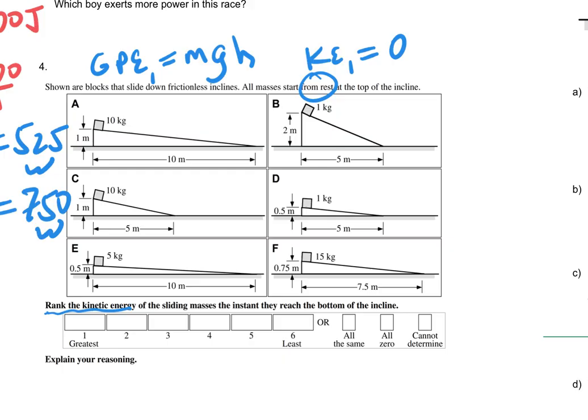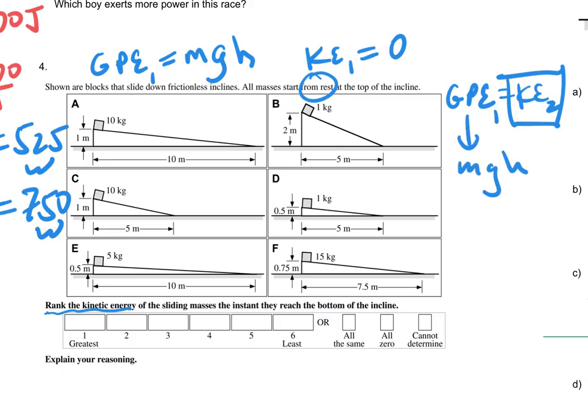Using conservation of energy, there's no work lost as friction or drag. So using this equation, we're looking for KE2 at the end, and that equals GPE, which is mgh.